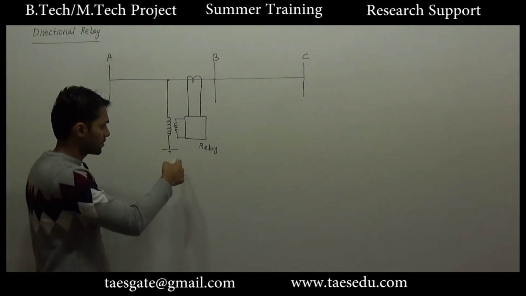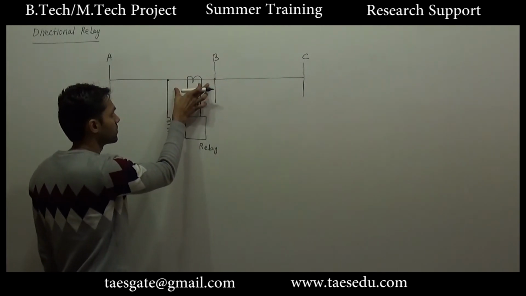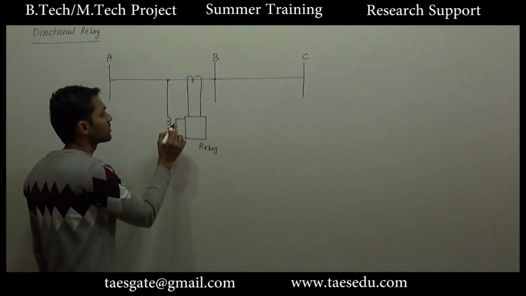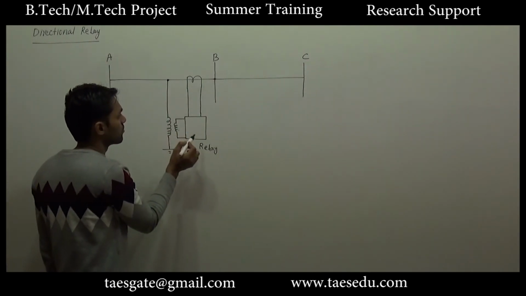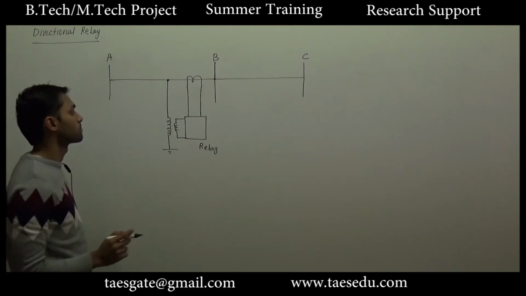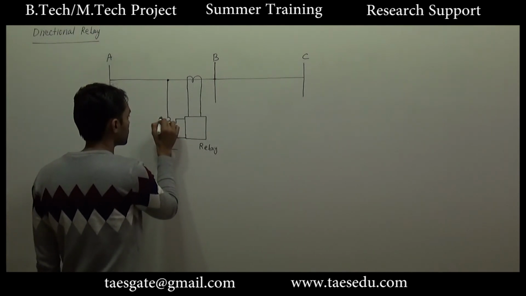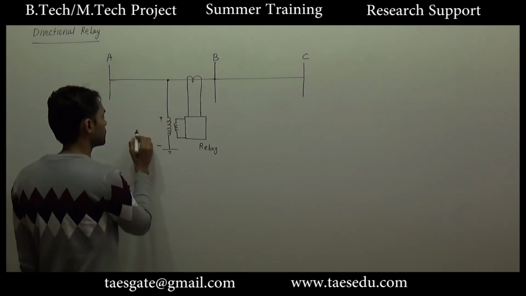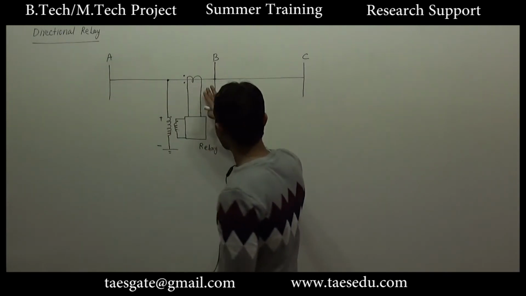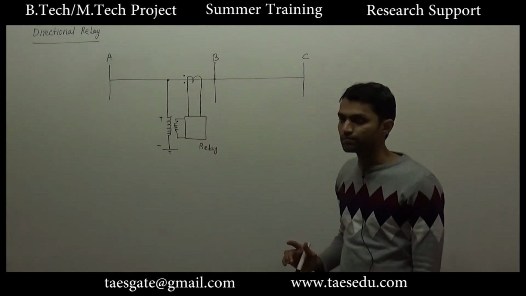Although just for drawing the diagram I have separated this point from B, essentially this potential transformer will give information about bus B voltage to the relay. So this way the fault current and the voltage will be fed to the relay.